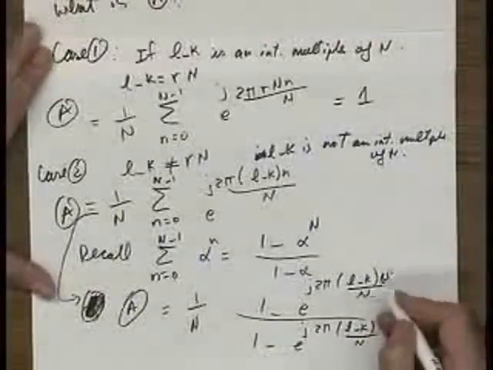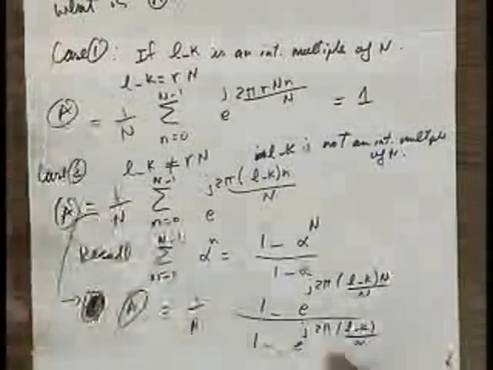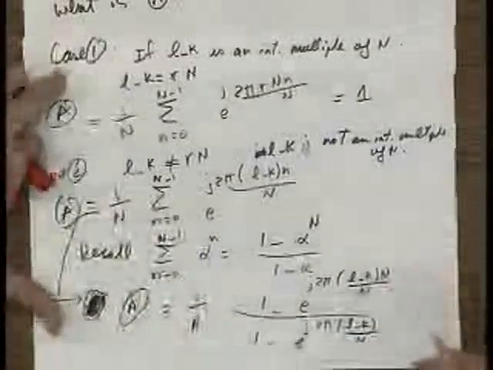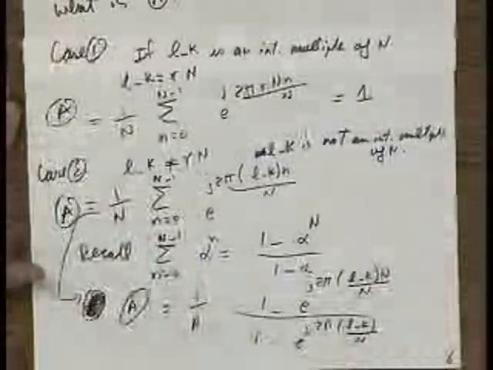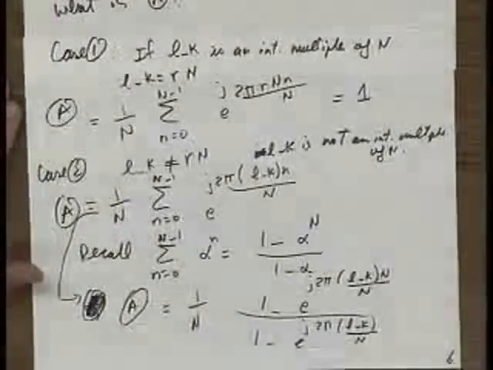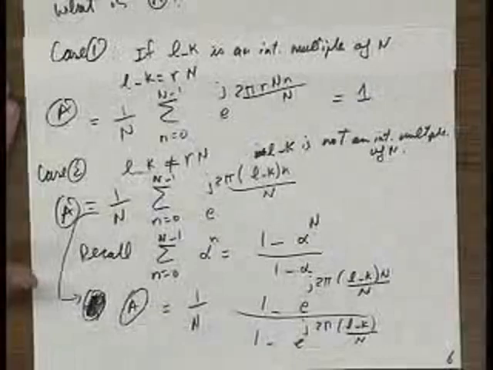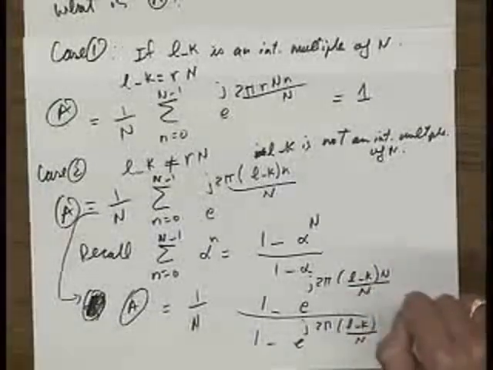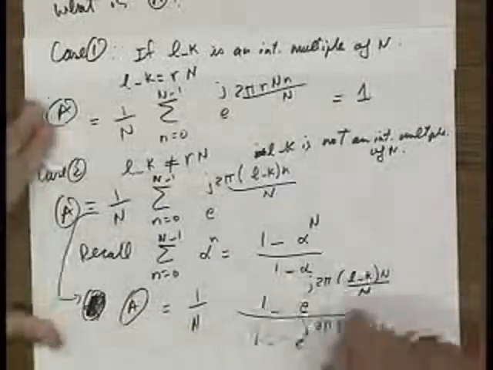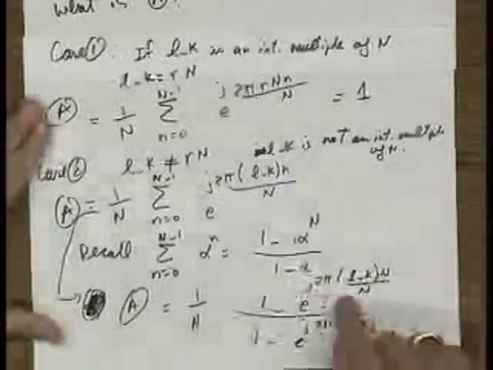And now this N here cancels this N, and the numerator becomes e to the j 2 pi (L minus k).